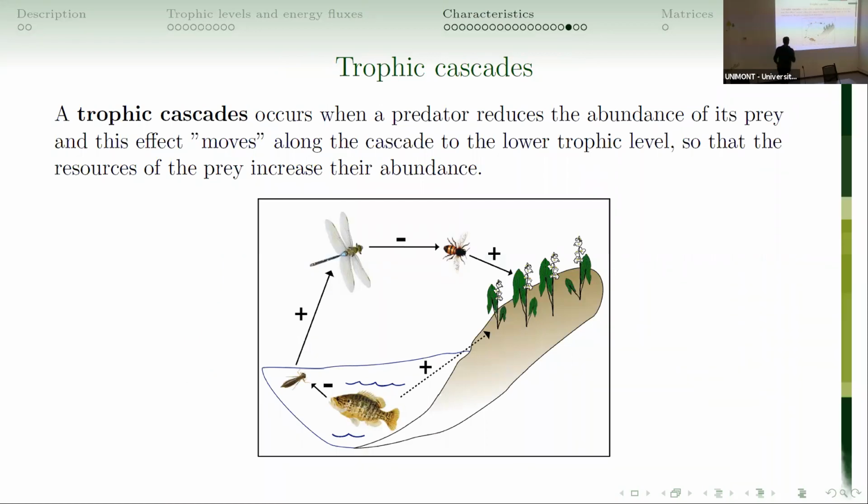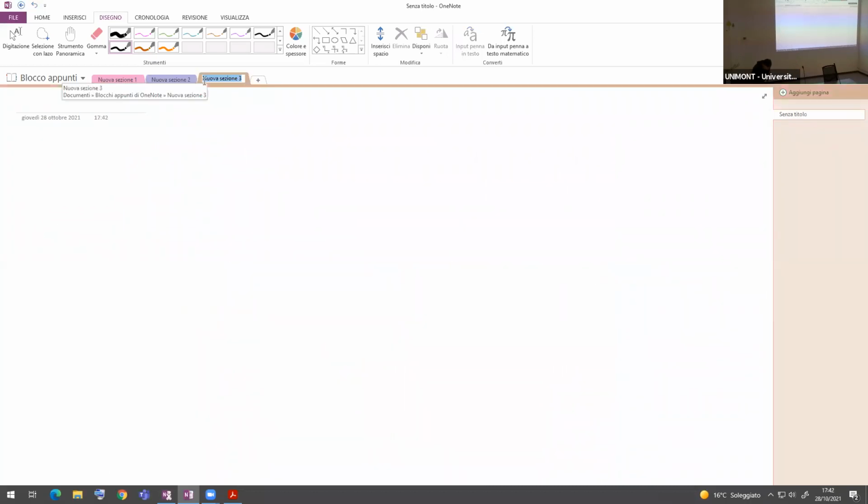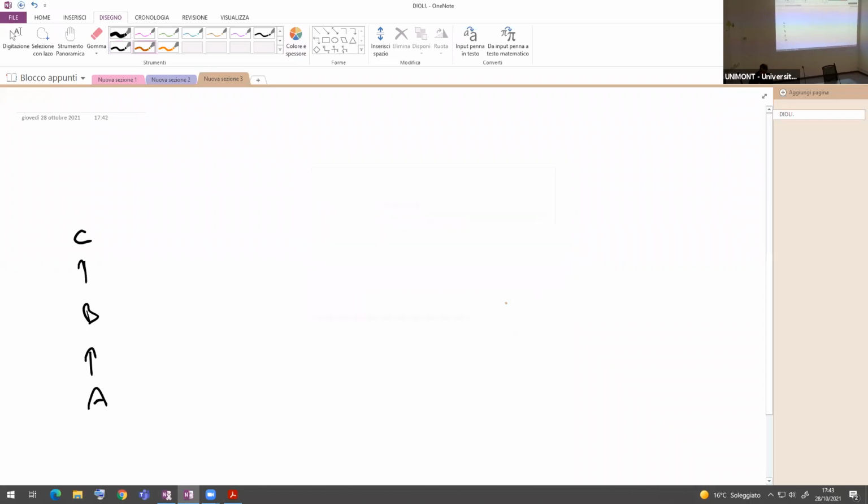And so until now, and actually in the beginning, I said something that has to do with this concept of trophic cascades. Now, what would you expect? Here, let's make it simple, A, B, C, okay? What would happen if the number of predators increase?